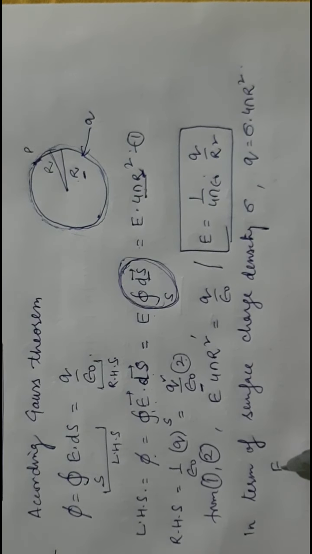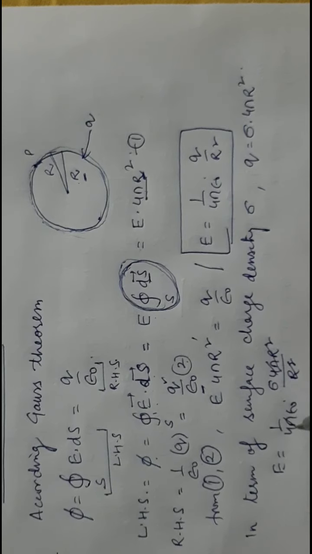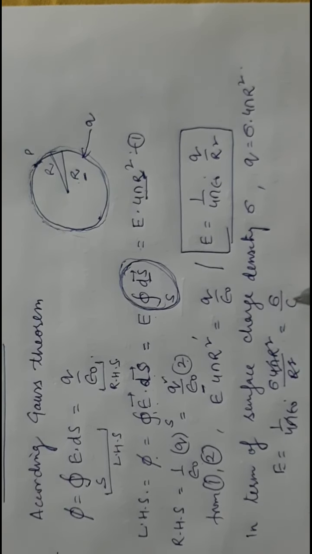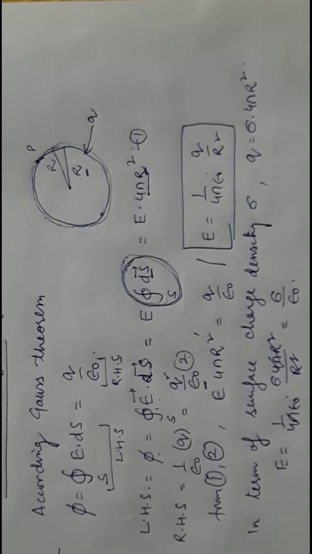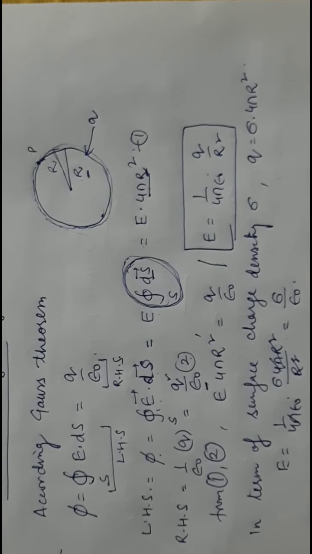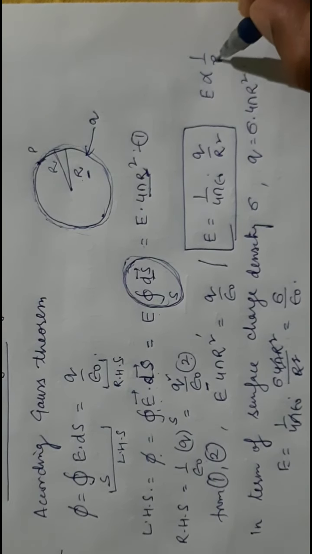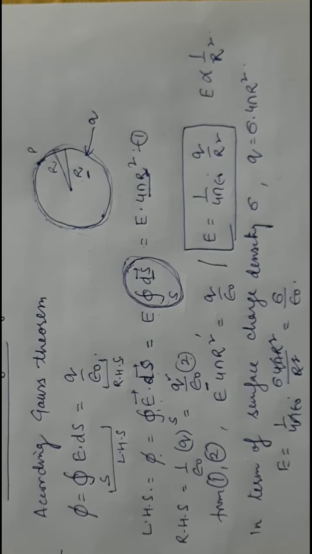When you put this value, the electric field becomes 1 upon 4 pi epsilon naught sigma 4 pi capital R square divided by capital R square. So here everything cancels out and we are left with sigma by epsilon naught. So this is your electric field on the spherical shell in terms of surface charge density. Here also the electric field E is inversely proportional to the square of the radius, just like a point charge.